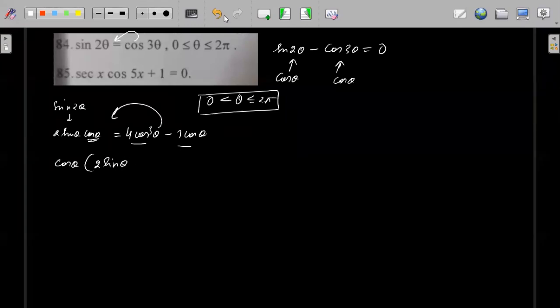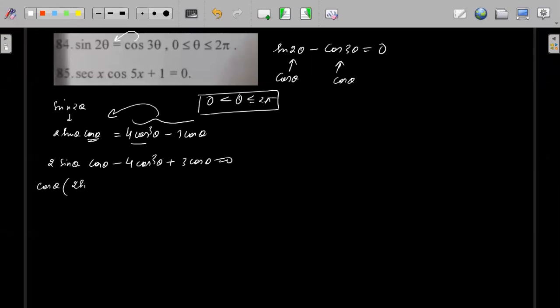So this is 2 sine theta into cos theta minus 4 cos cube theta plus 3 cos theta is equal to 0. I'm taking this whole part on the other side. Okay. Now I will take cos theta common from everywhere. So this will become cos theta, and this will become 2 sine theta.